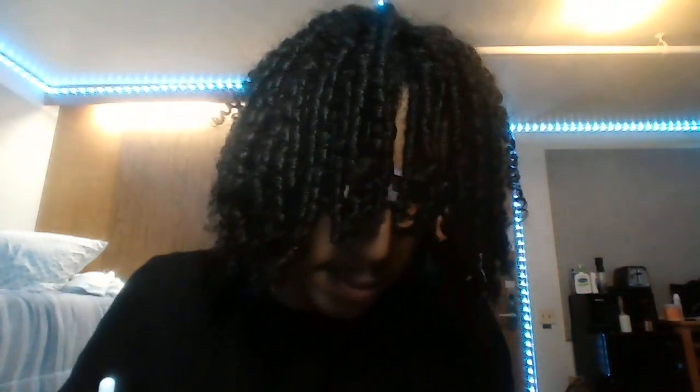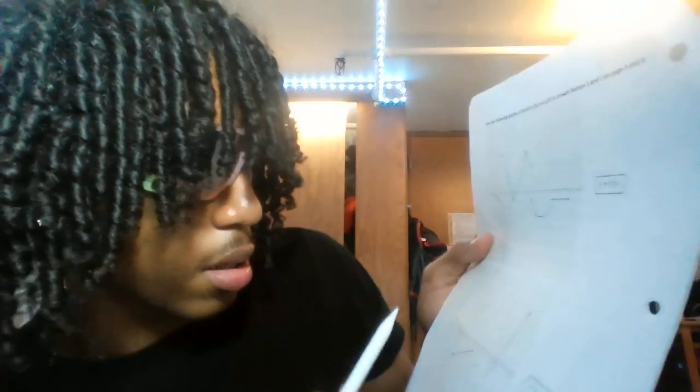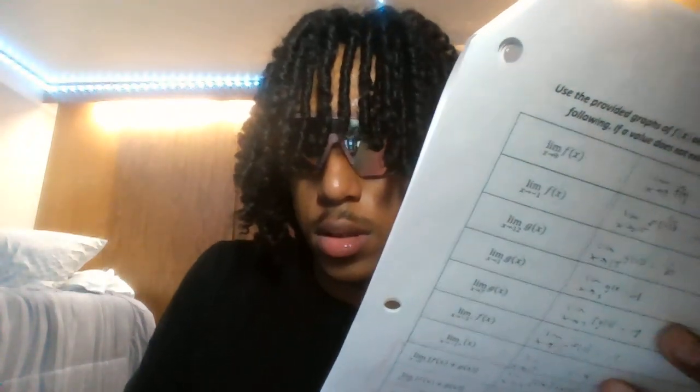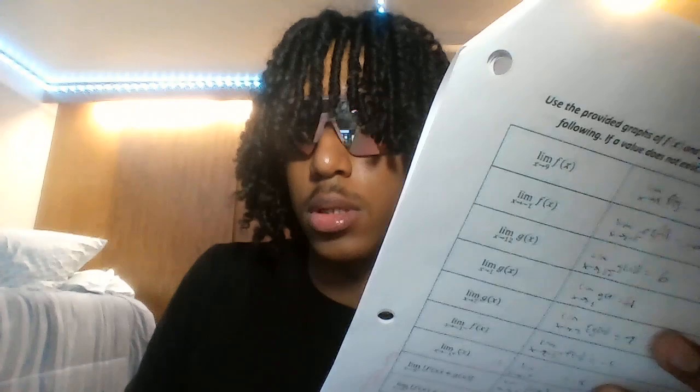And then if we go here and look at g of x as x approaches 5 on g of x, that equals 4. And then that's when we want to add those together.